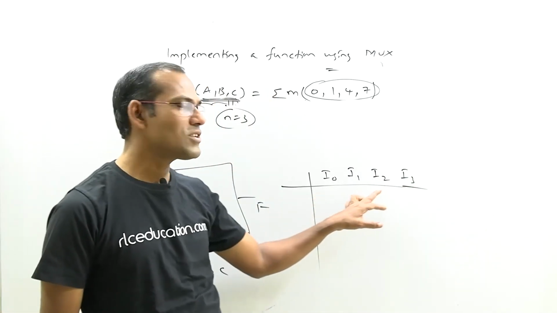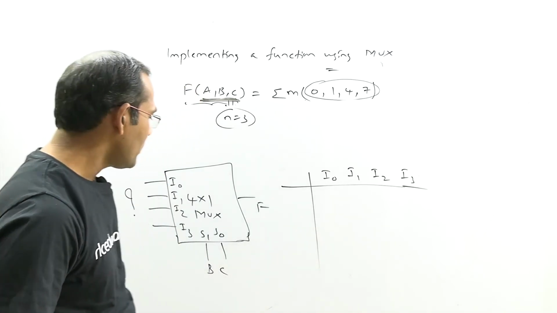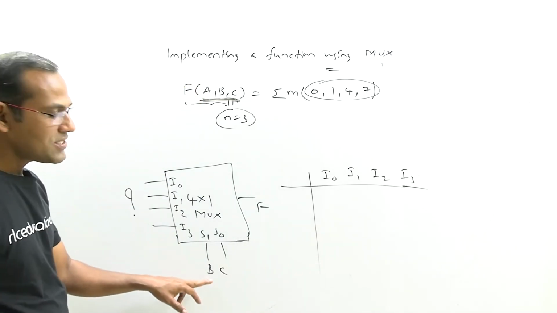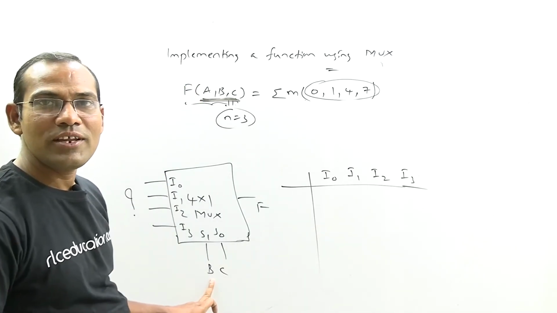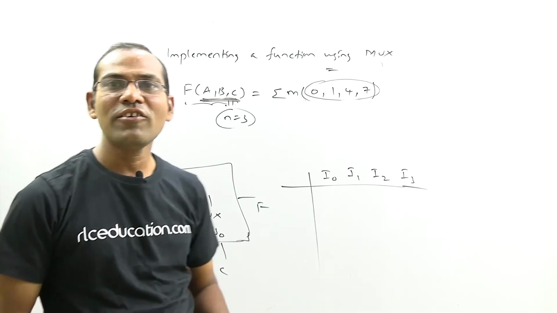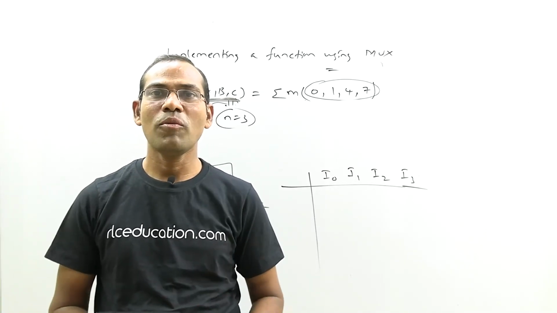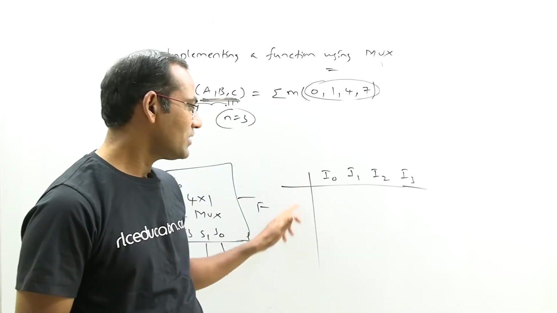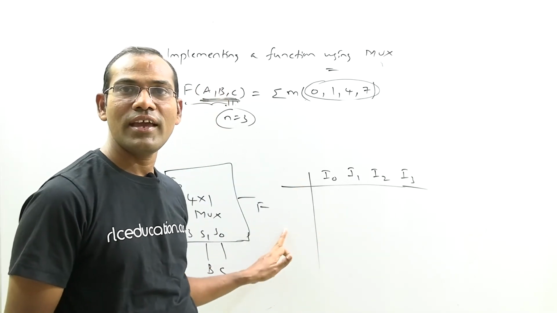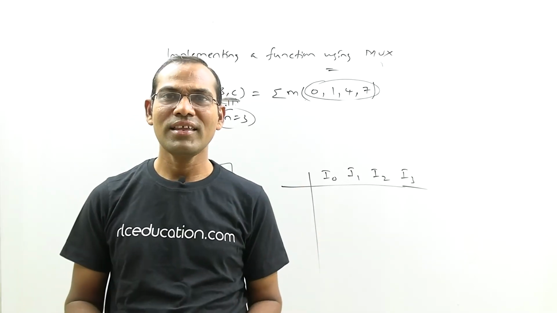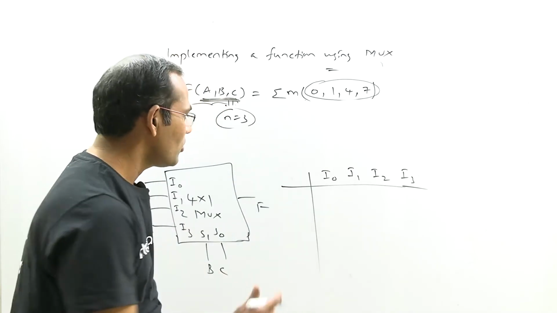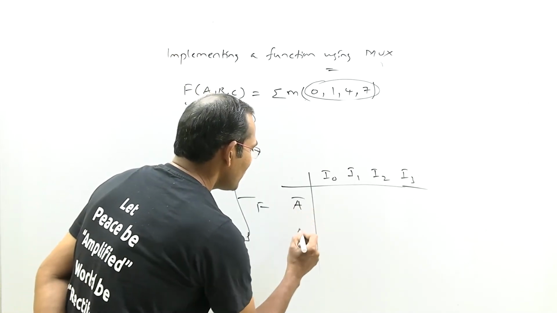These are the values I want to find. Already I connected BC as selection and the remaining variable is A. Write different combinations of A. The different combinations are either A bar or A.